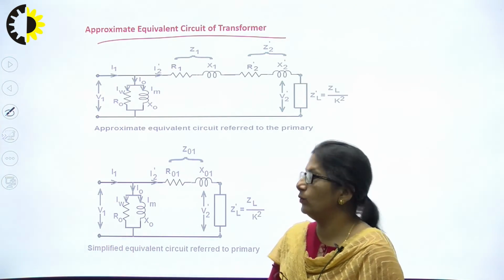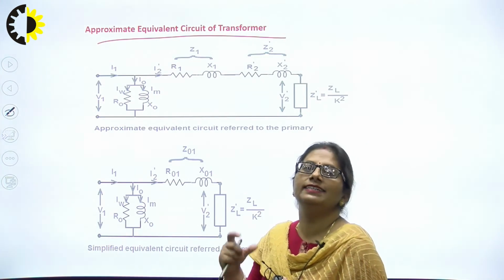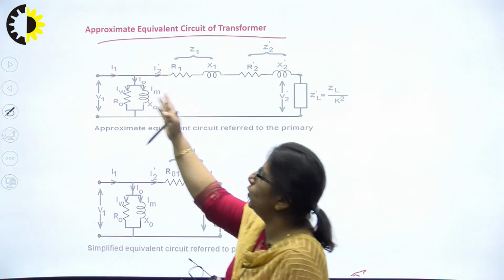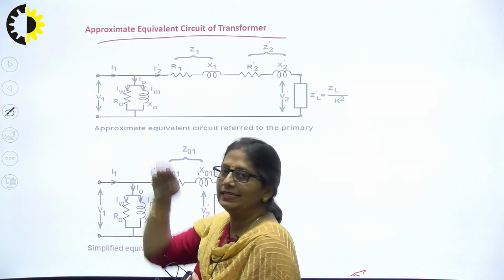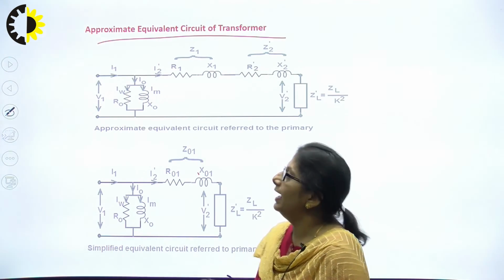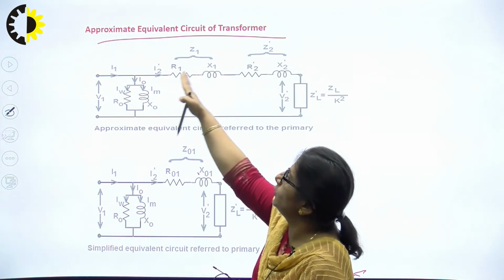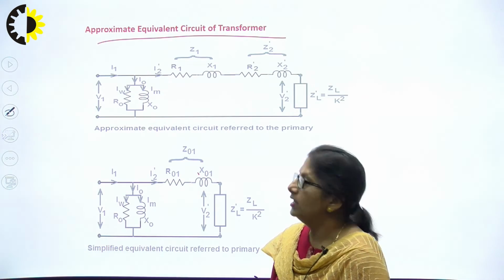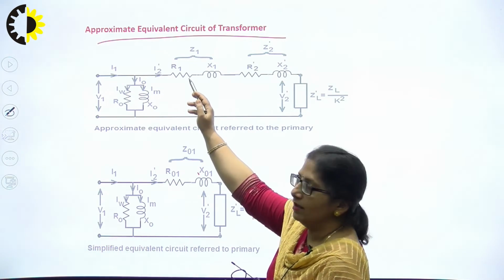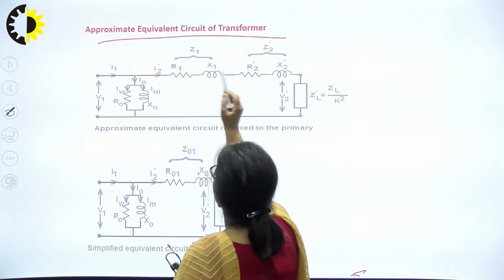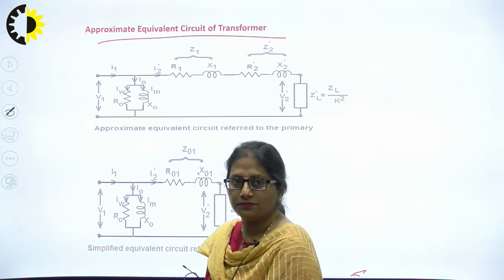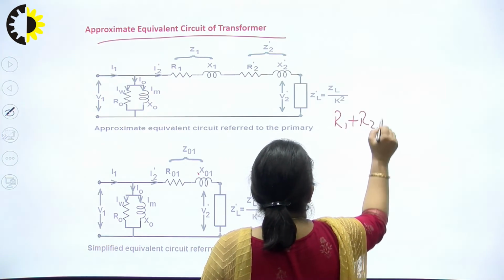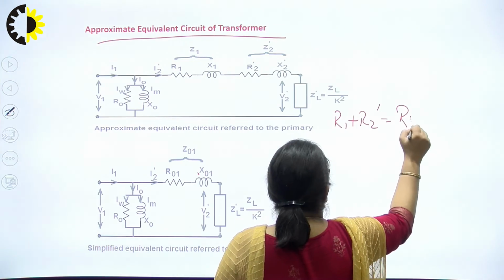For that, we used to create a deliberate error, and we used to shift the no load circuit towards this side, and make our R1 and X1 present on the other side, so that this time I can combine R1 and R2 dash. Combiningly, R1 and R2 dash is going to give me R1E.